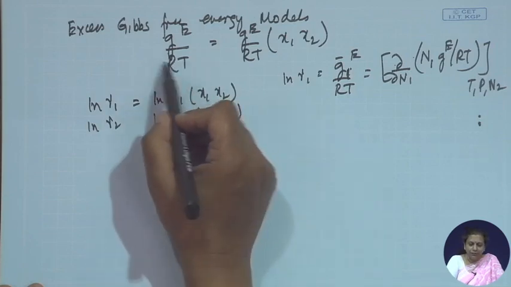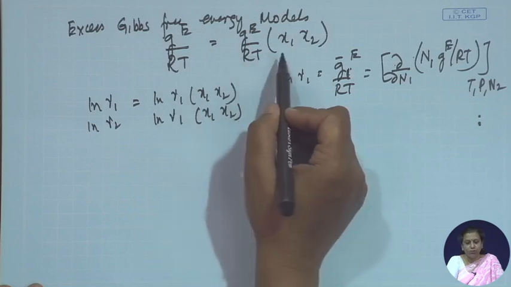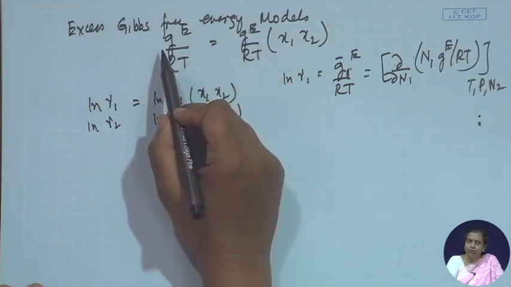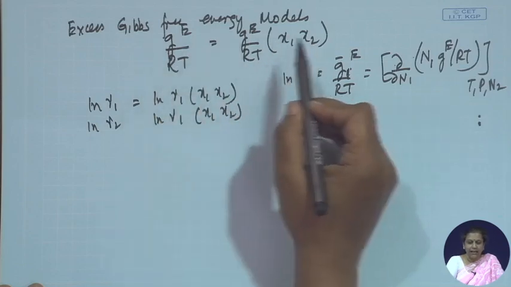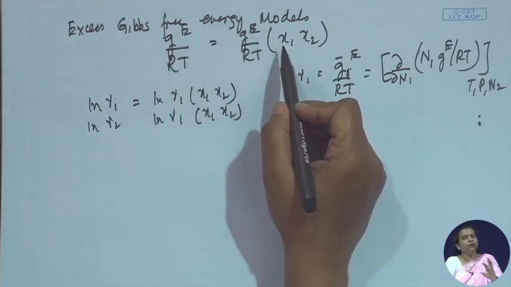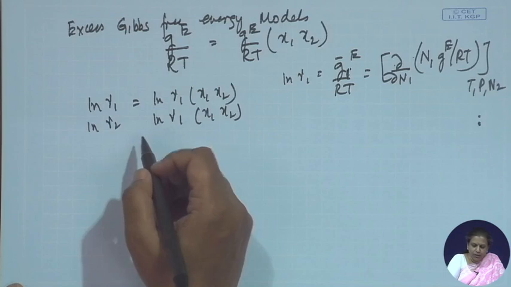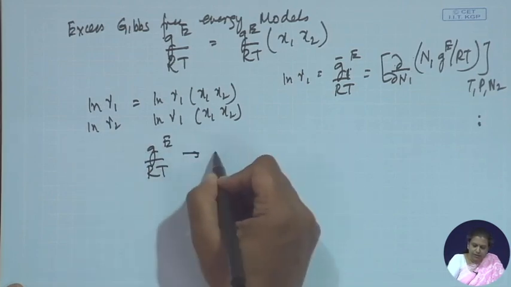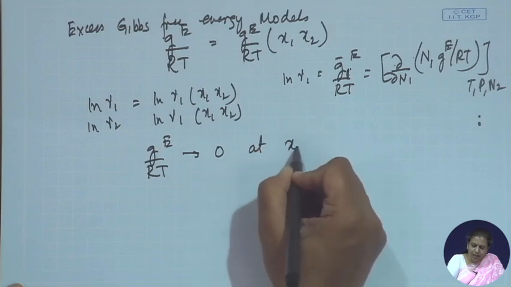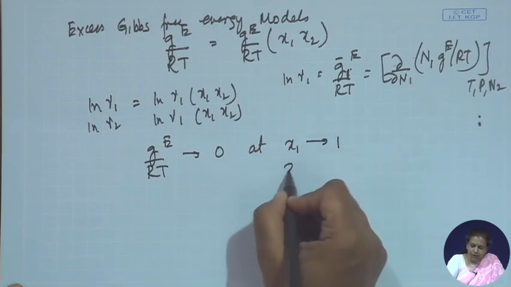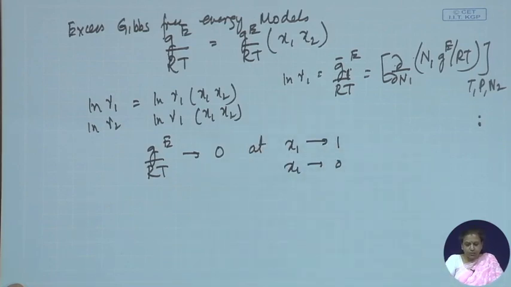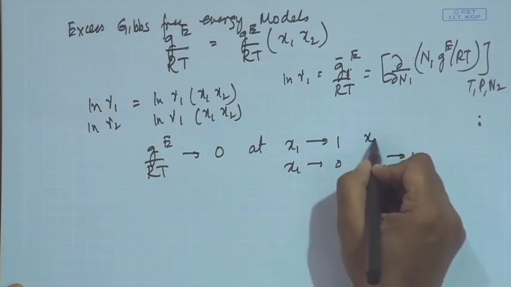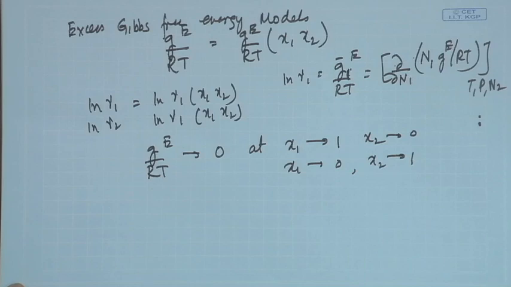On the other hand, when we are dealing with an excess Gibbs free energy model, what do we know? We know that the excess Gibbs free energy should disappear when either of the components is in excess, or in other words, the limiting condition in this case is that it tends to 0 at x1 tends to 1, and at x1 tends to 0, or in other words x2 tends to 1, under both these conditions.